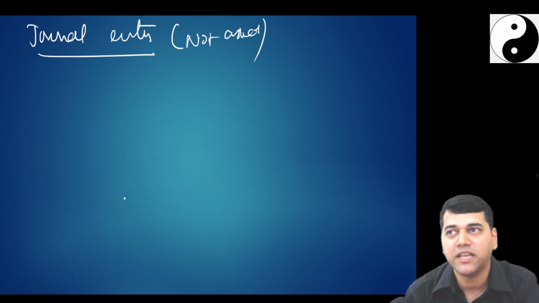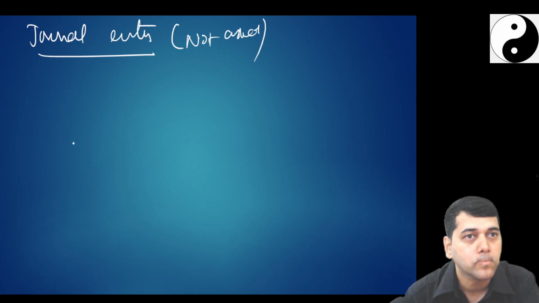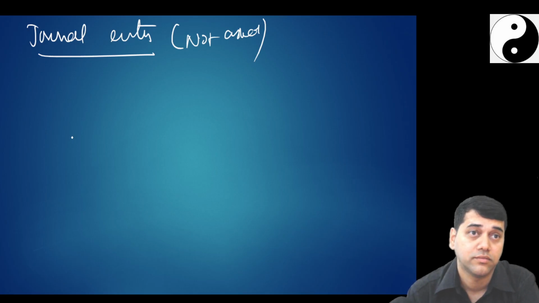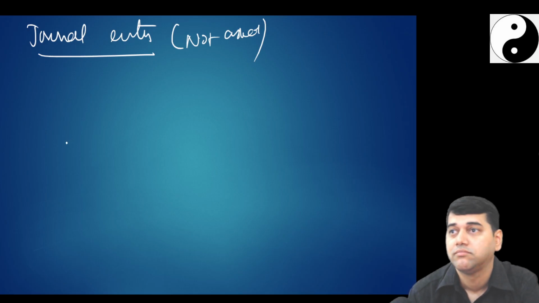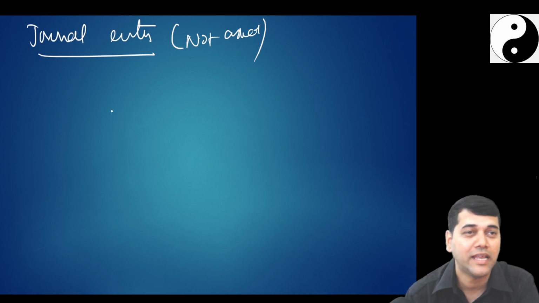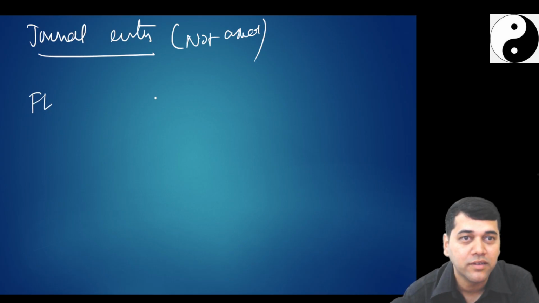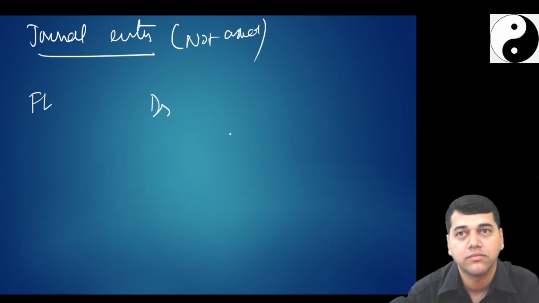So, for better understanding, we will write the journal entry. Can you tell me the journal entry? What is my journal entry? You tell, I will write. Financial liability account, debit.